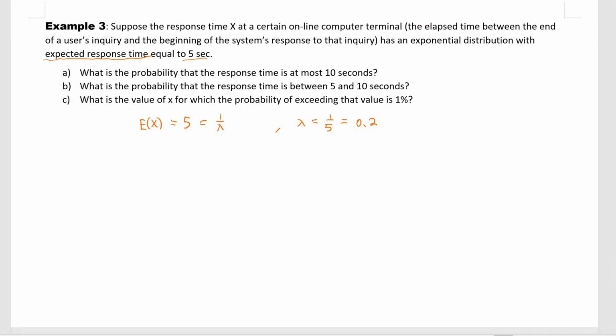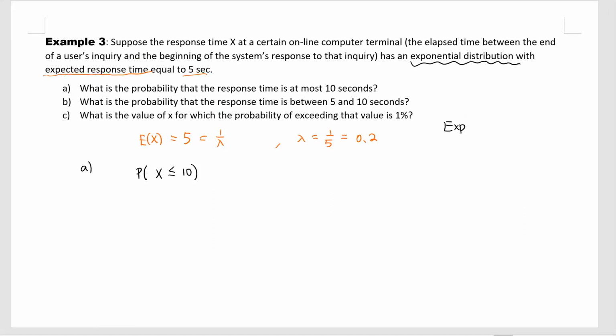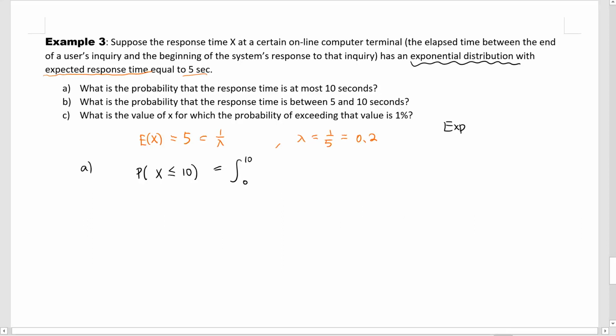What is the probability? So here we know it's exponential distribution, right? And what's the probability that the response time is at most 10 seconds? At most means less than or equal to 10. That's the interval from 0 to 10.